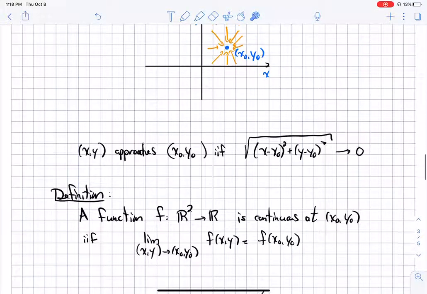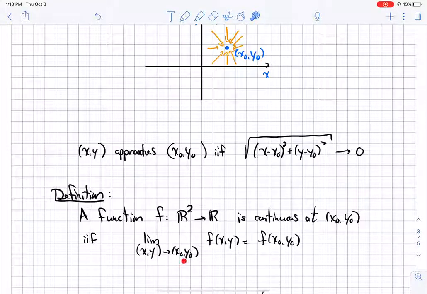So what's the definition of a continuous function? We want the limit when x, y approach x0, y0 of the function. No matter how you approach the point, the limit you get for any direction is the same, and this number equals the value of the function. By the way, it's the same definition if instead of R2 you have Rn. It's just that distance is different in Rn.